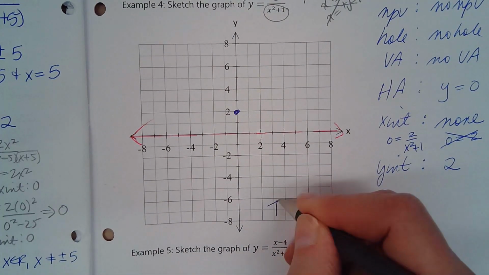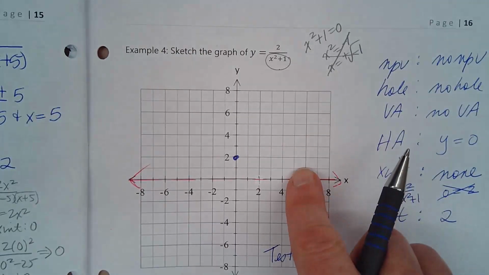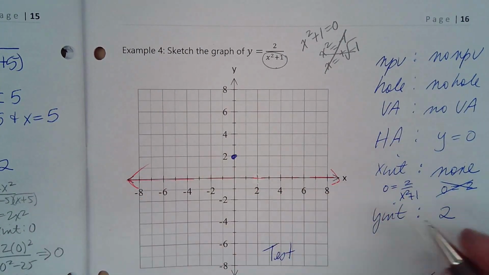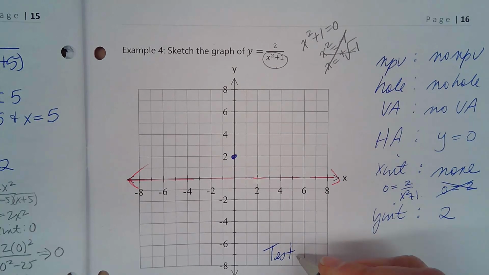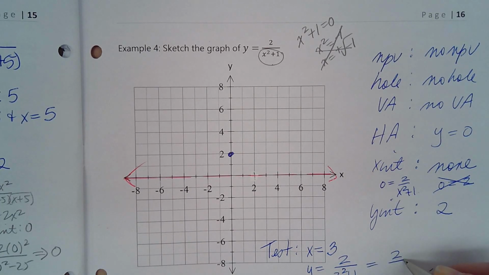So let's do a test point. And again, because of this squared value, whatever test point I do of 4 will have the matching value at -4. So let's try x equals 3. So y equals 2 over 3 squared plus 1, 2 over 10.